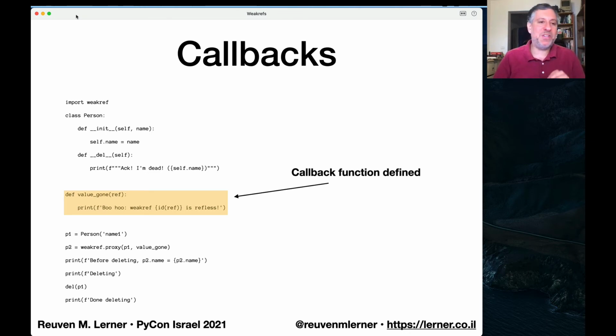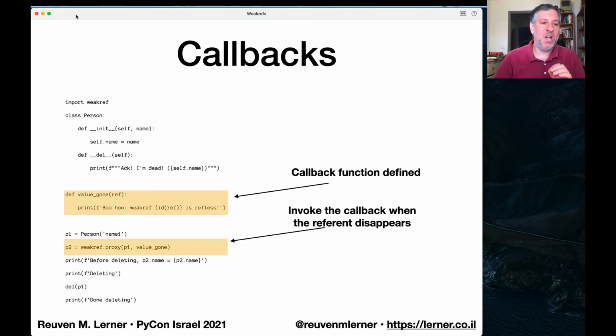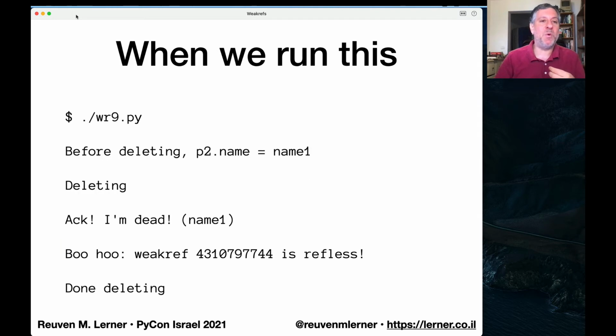Okay, so this is going to happen when I create my weakref proxy here, and I'm going to pass it 2 arguments. Argument number 1 is the object to which I want to refer. Argument number 2 is this callback function, value_gone, that I want to have invoked. And now what's going to happen? Well, I'm going to run my program, and it's going to say, before deleting, P2 name equals P1, so far so good.